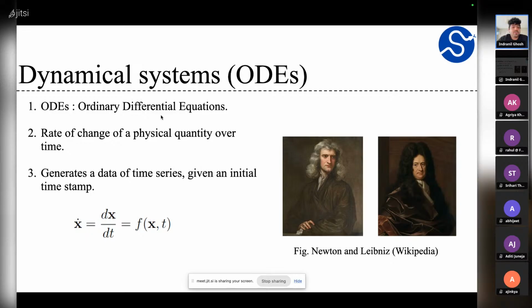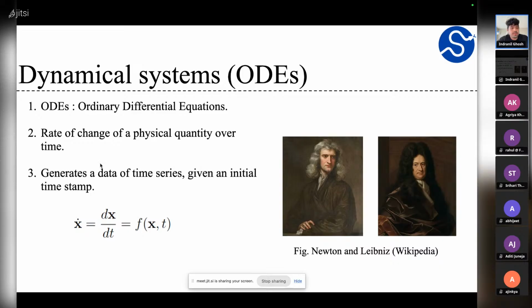Newton and Leibniz came up with this mathematical tool called ODEs, which can be used to analyze dynamical systems. A dynamical system is a system which evolves in time, in short. There are other tools like partial differential equations, stochastic differential equations, or cellular automata, but we're going to look into this simpler form today.